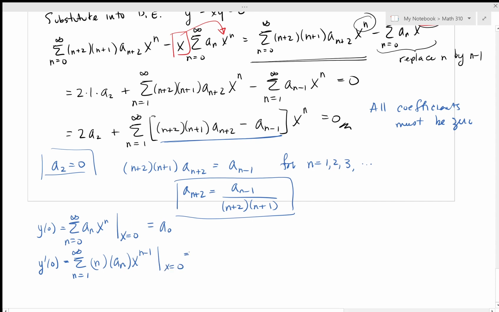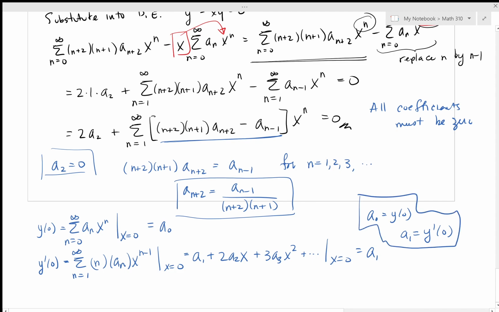And that looks like this if I write out the terms: a1 plus 2a2 x plus 3a3 x squared plus dot dot dot, evaluated at x equals 0. And that is a1. So now I have two more important pieces of information here. a0 is y at 0, and a1 is y prime at 0, our initial conditions.